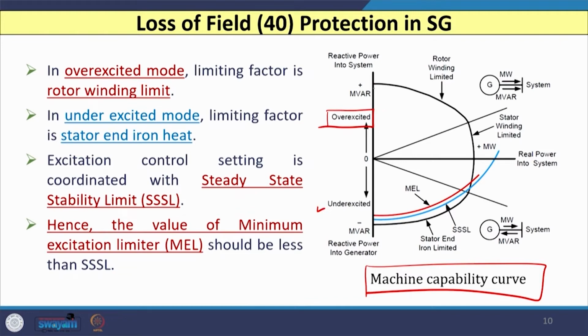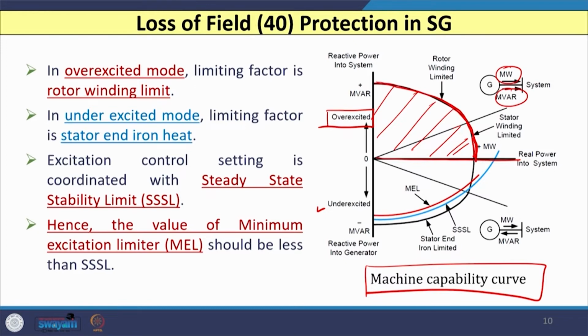In the over excited mode, both the active power and reactive power are delivered by the synchronous generator to the system, so the locus is in the first quadrant, and this limit is normally governed by the rotor winding limit.